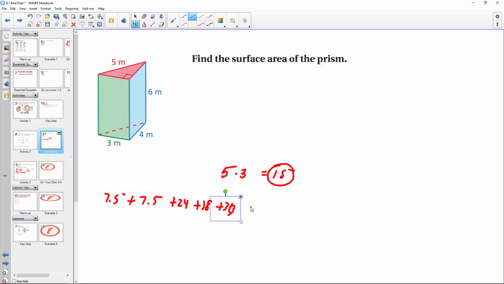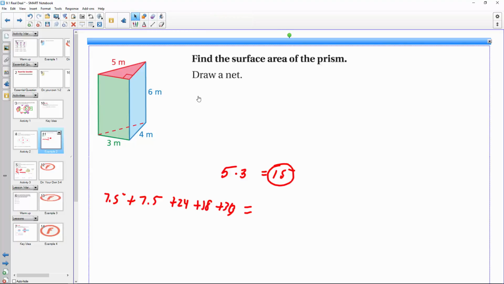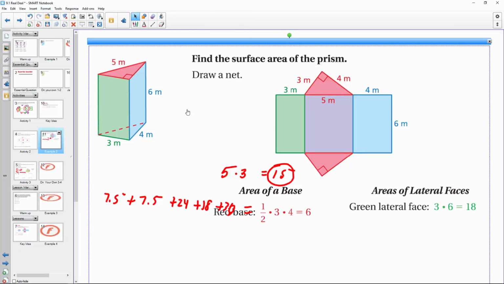And when I add all these up, you'll notice there's not 6 sides here on this one because it's a 3-sided shape. There's 1, 2, 3, 4, and then 5 is on the back side, right? So only 5 here. When I add these numbers, here's my 18, my 30, my 24.